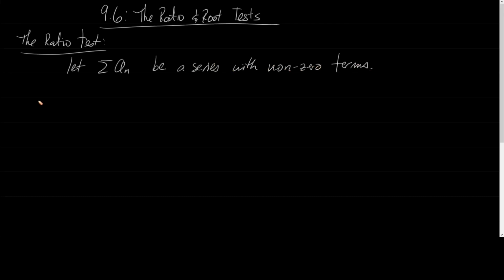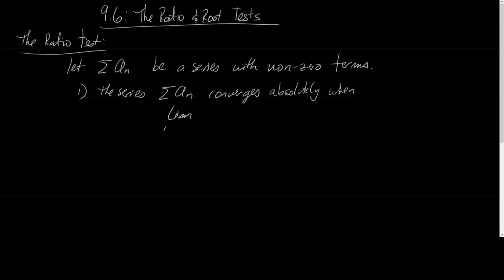The series converges absolutely when the limit as n goes to infinity of the absolute value of a sub n plus 1 over a sub n is less than 1. Alright?